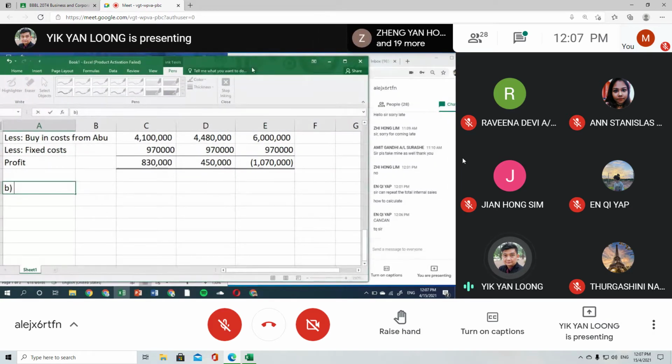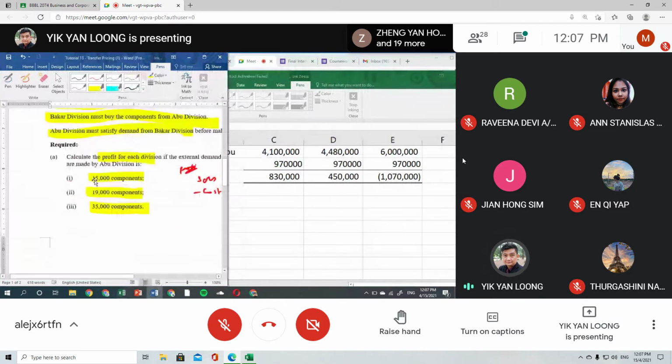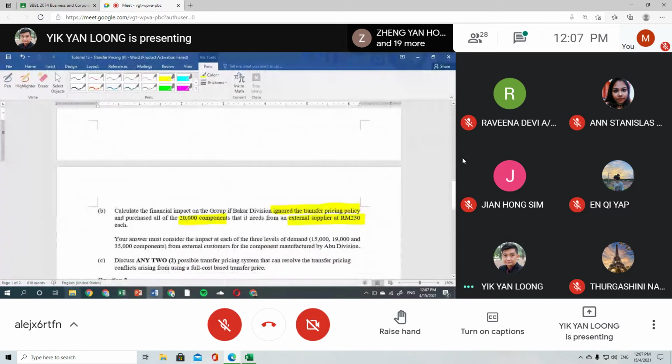Now, part B of the question is for you to calculate the financial impact on the group if Bakar division ignores the transfer pricing policy and purchases all the 20,000 components from external supply at 230. All right. So we are going to ignore this part here.